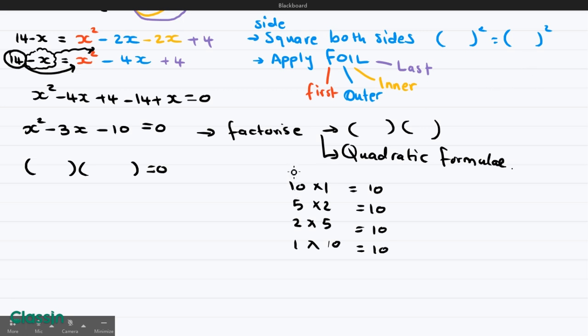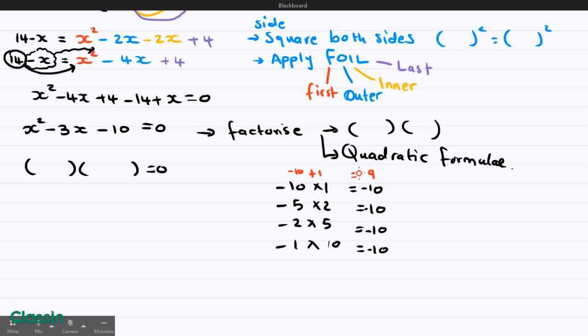Now it means that negative 10 multiplied by 1 is negative 10. Negative 5 multiplied by 2 is negative 10. Negative 2 multiplied by 5 is negative 10. Negative 1 multiplied by 10 is also negative 10. Now I'm going to add negative 10 plus 1, which is going to be 9.